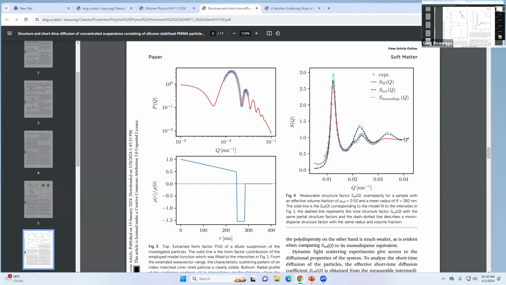Like when you're at the particle and you go out forever away, there's no relationship between the particle there and the particle where you are. So it has to go to one. This goes to one. And you can see this one goes down to zero, right? So anyway, that's how correlation functions work.